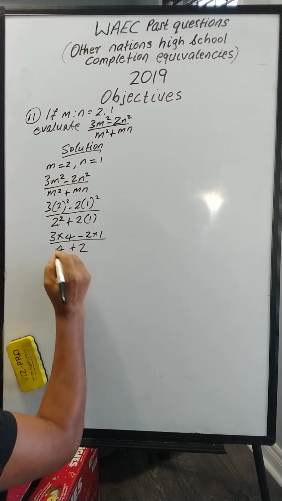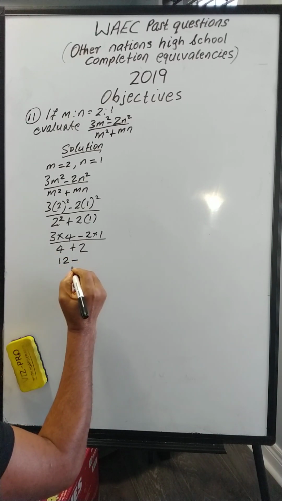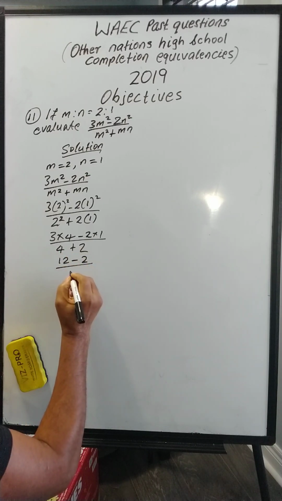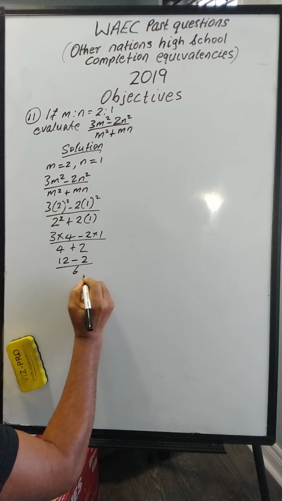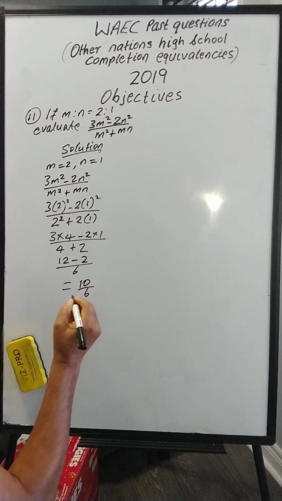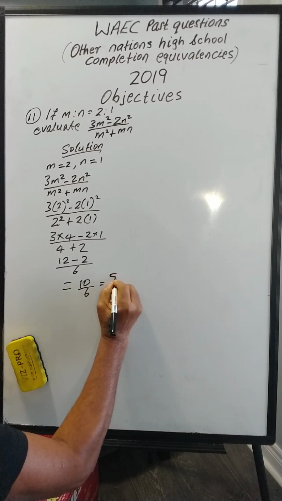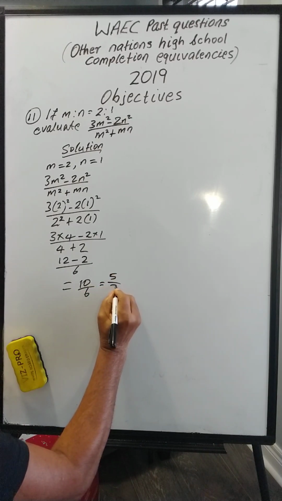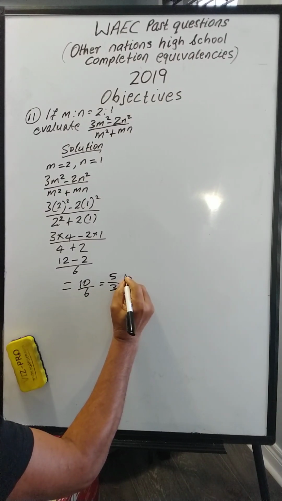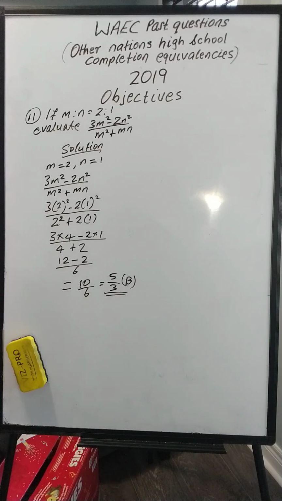That will give us 3 times 4 is 12, minus 2 times 1 is 2, and 4 plus 2 is 6. That will give us 10 over 6. Simplify: 2 here will give us 5, and 6 divided by 2 will give us 3. And that is option B. That's for number 11 of the OBJ.